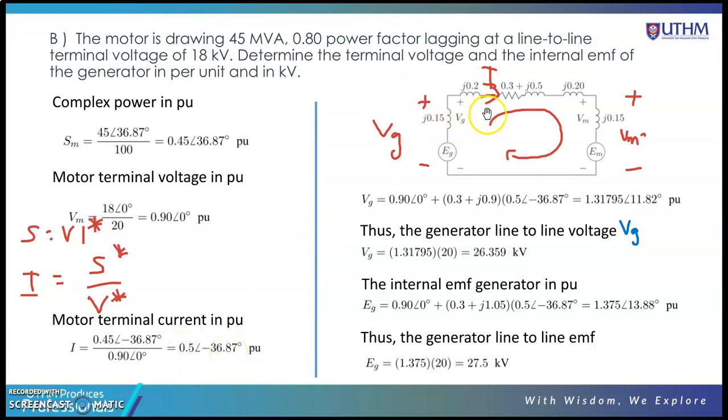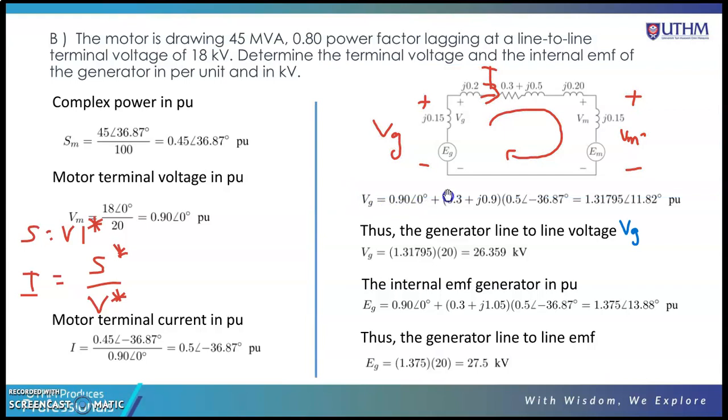From the impedance diagram, you have a current in a series circuit, and then you can determine the terminal voltage of the generator, Vg, by solving KVL.